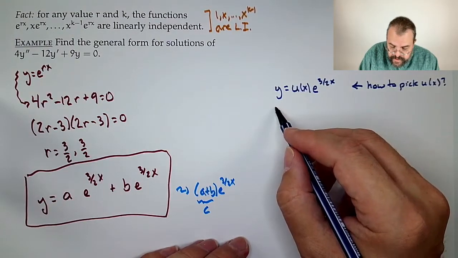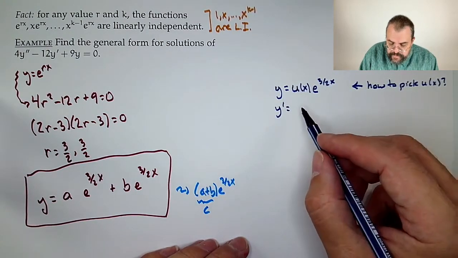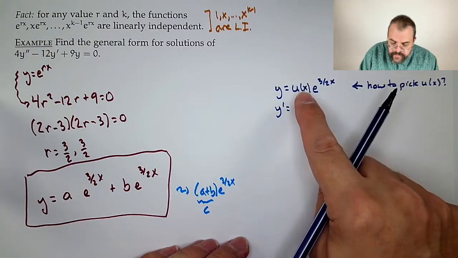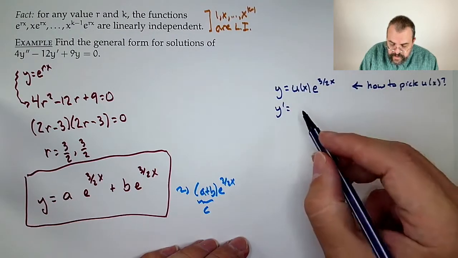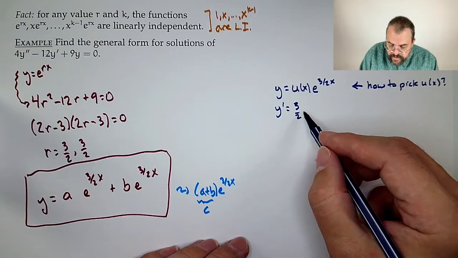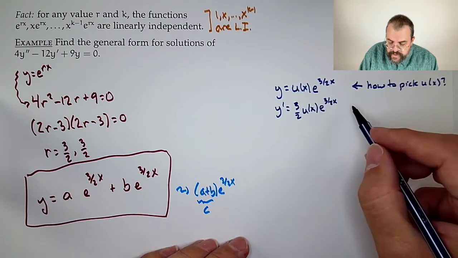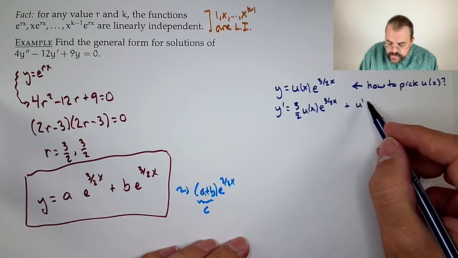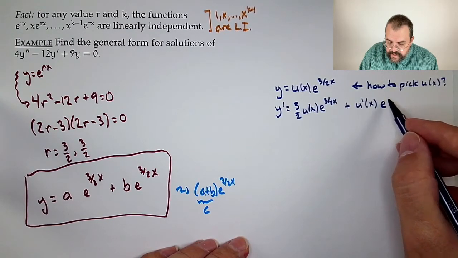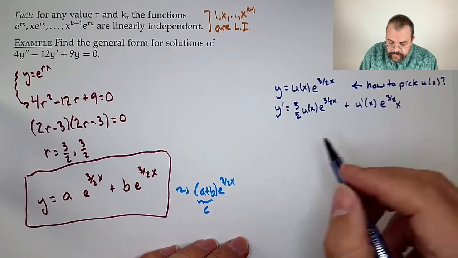So let's compute y prime. Well, we can leave the first alone, get rid of the second. That would be 3/2 u of x, e to the 3/2 x, plus, get rid of the first, u prime of x, times the second, e to the 3/2 x.